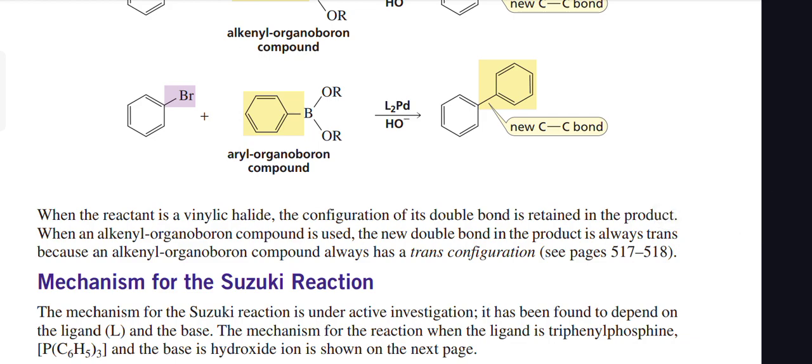When the reactant is a vinylic halide, the configuration of its double bond is retained in the product. When an alkenyl organoboron compound is used, the new double bond in the product is always trans, because an alkenyl organoboron compound always has a trans configuration.